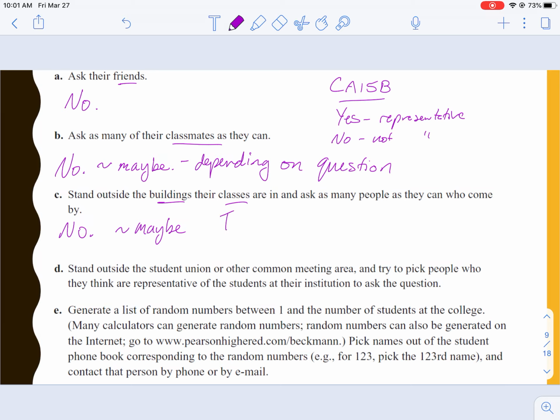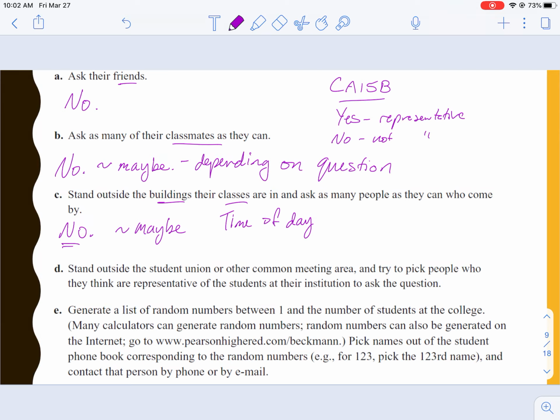And even that, the time of day might have an impact, right? If you stand outside of Ludwig at 7 in the morning compared to 10 in the evening, you might get a different type of person that might affect how representative they are of the sample.